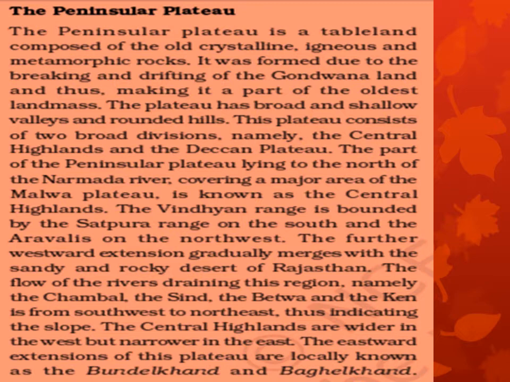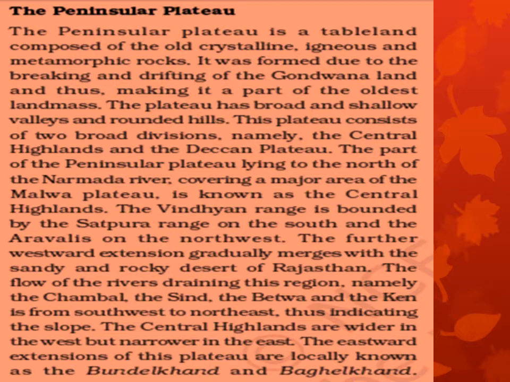Further westward extension gradually merges with the sandy and rocky desert of Rajasthan. And the flow of the rivers draining this region, namely the Chambal, the Sindh, the Betwa and the Ken, is from southwest to northeast.